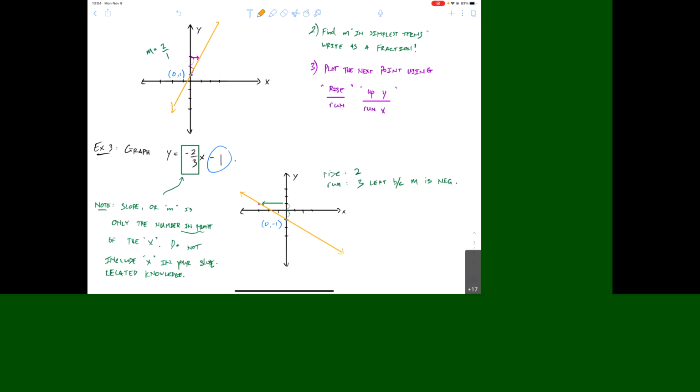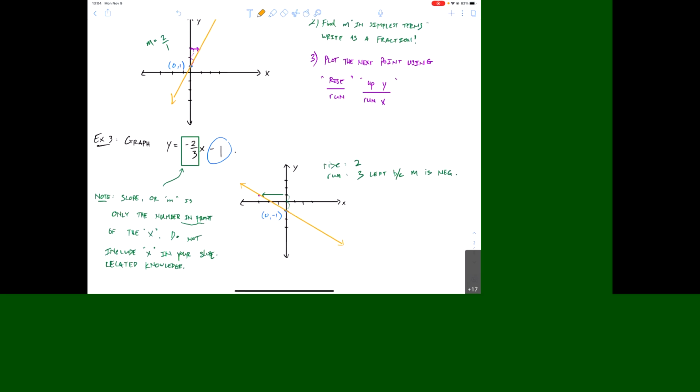For example, you graph on the y-axis instead of the x-axis. I've seen students do that before by mistake. They remember to rise and they remember to run, but then they run the wrong direction because they forgot about the negative. Okay, if people miss out on the rules I'm telling you, then yeah, of course mistakes are bound to happen. But if you do it to a T like this every time, conceptually and also mathematically, it'll make sense.